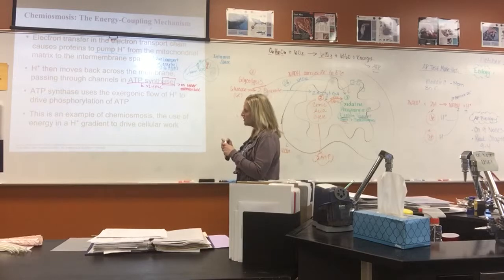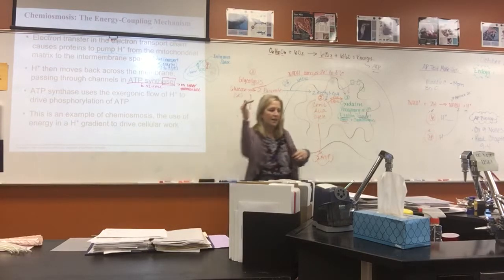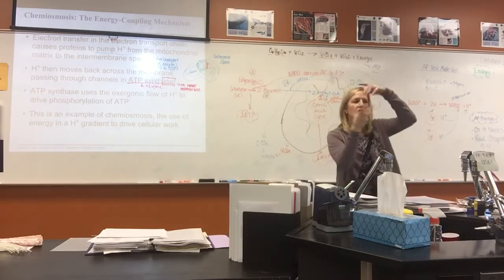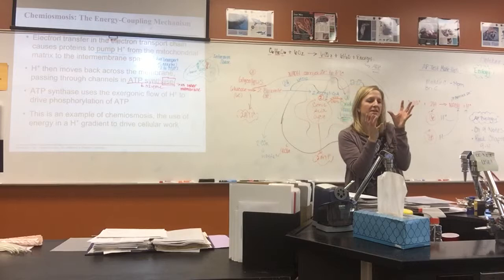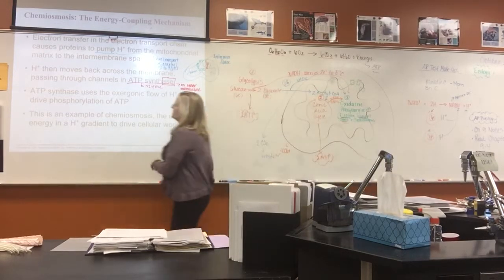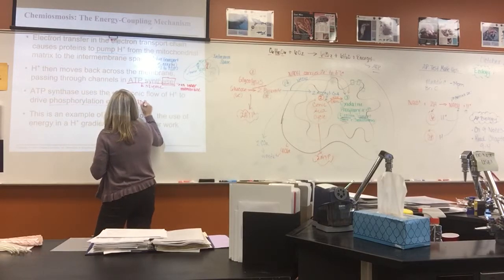So what does this do? Something about the H pluses going back into the matrix of the mitochondria changes the shape of this ATP synthase to the right shape so that it can phosphorylate and make ATP.